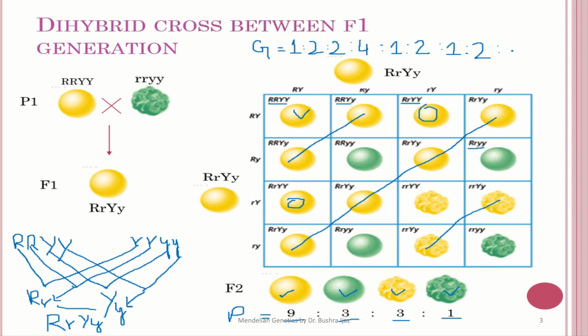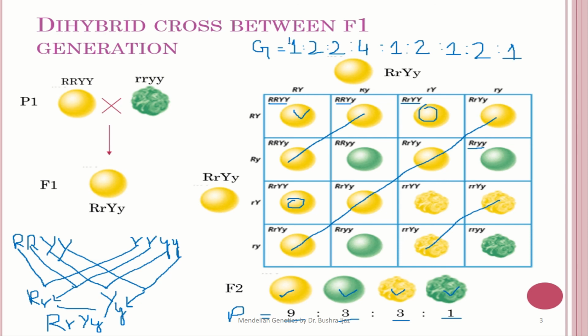1. So this is the genotype of all these 16 individuals. 1 is to 2 is to 2 is to 4 is to 1 is to 2 is to 1 is to 2 and 4.